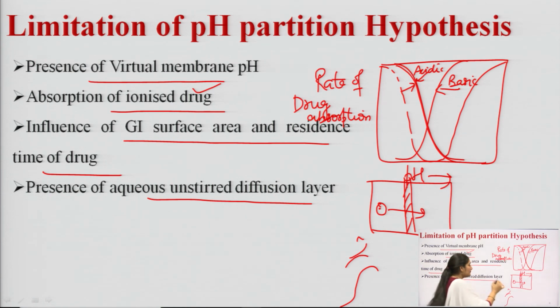But sometimes an aqueous unstirred layer is also present and the drug has to get partitioned across it before crossing through the biological membrane. So, these are the limitations of the pH partition hypothesis.